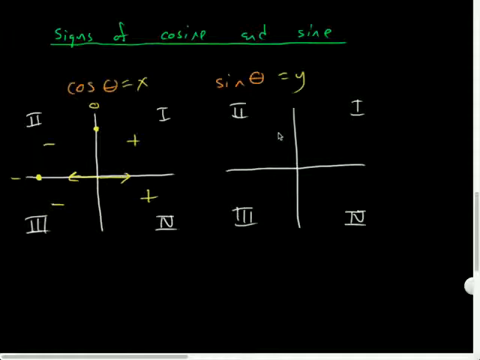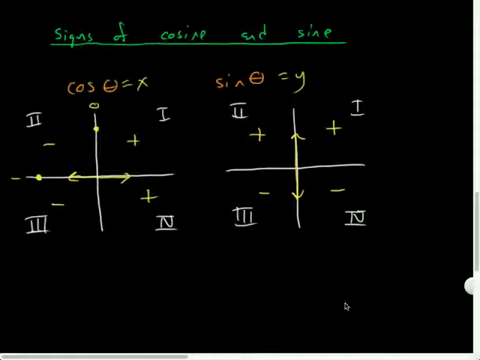Let's figure out sine. In the first quadrant, the y values are above the origin, so they would have been positive. Second quadrant, sine is positive. Third quadrant, negative because I'm going below the origin. And fourth quadrant, negative.